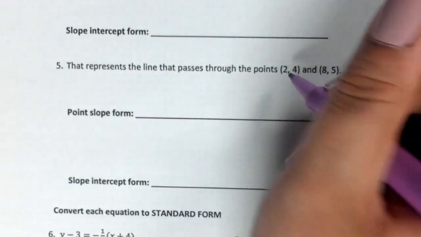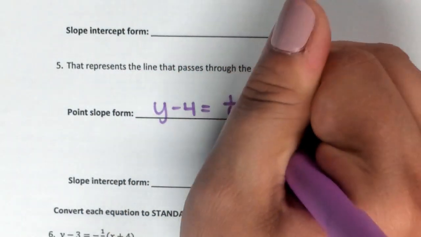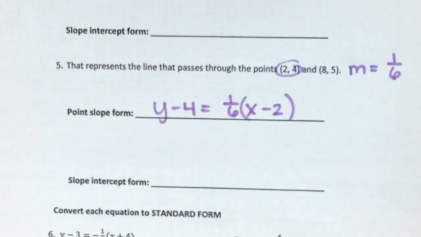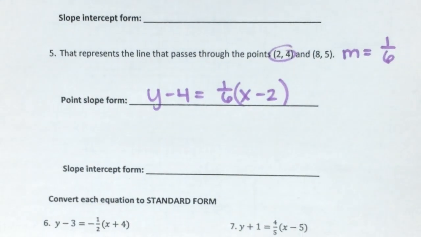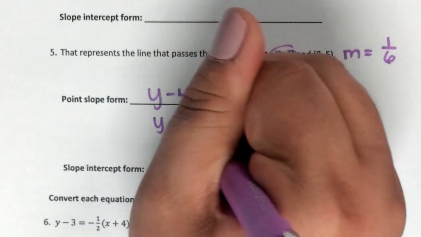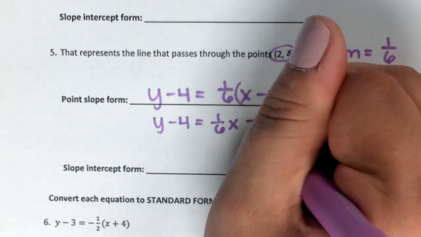Okay? So I'm going to use this first point. Y minus 4 equals 1/6 parentheses x minus 2. I'm going to distribute: y minus 4 equals 1/6x minus 2/6.